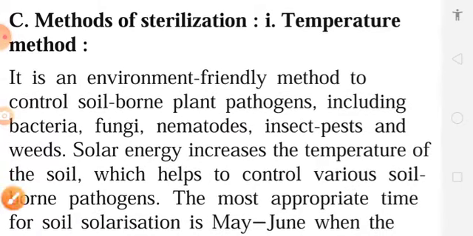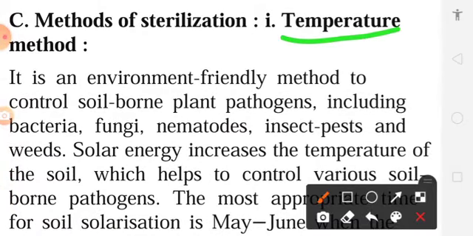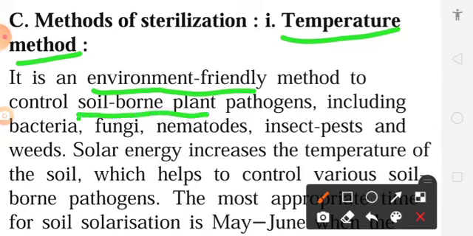First, the temperature method. We have to use this method because this is an environment friendly method, and we can control the soil borne plant pathogens like bacteria, fungi, or nematodes, or some insect pests, and we can also control weeds.